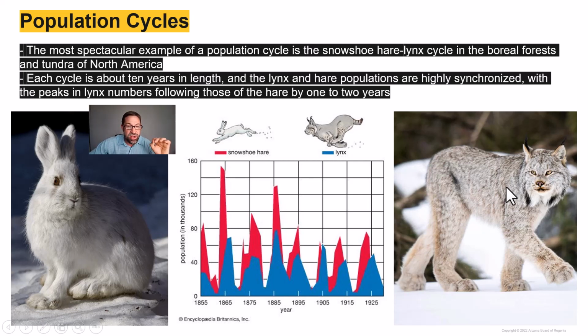They're really focused on those snowshoe hares. And we see this lag, right? So the snowshoe hare population peaks, and then 1 to 2 years later, the lynx population peaks. And then as that hare population plummets, the lynx population is also going to plummet 1 to 2 years later. So the predator-prey population cycle of the snowshoe hare and the Canadian lynx.